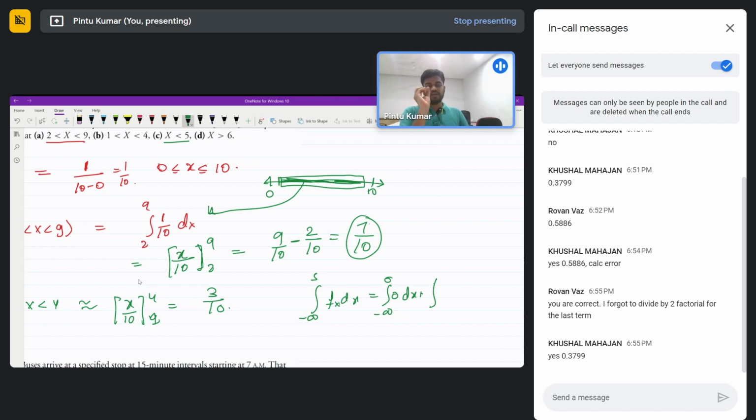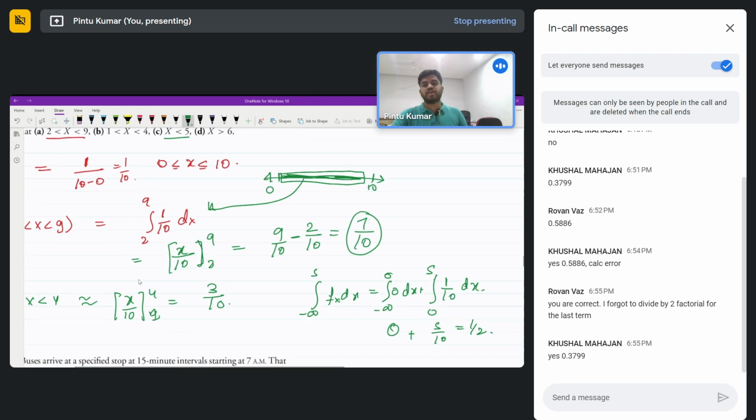I could have solved this very straightforwardly, just looking at the interval, but I'm doing it purposely so that when you have some more complex probability distribution function, you will apply the same technique, that is integrating those things. This term is 0 and this is 5 by 10, that is 1 by 2.